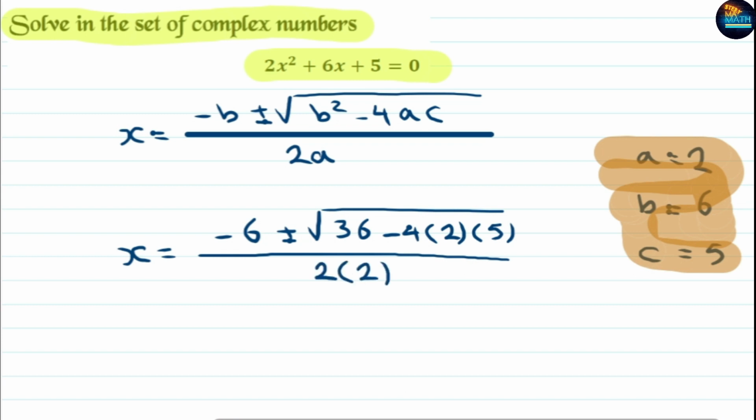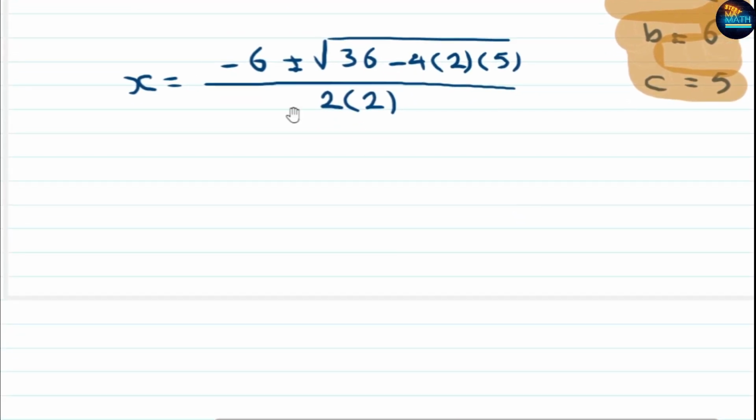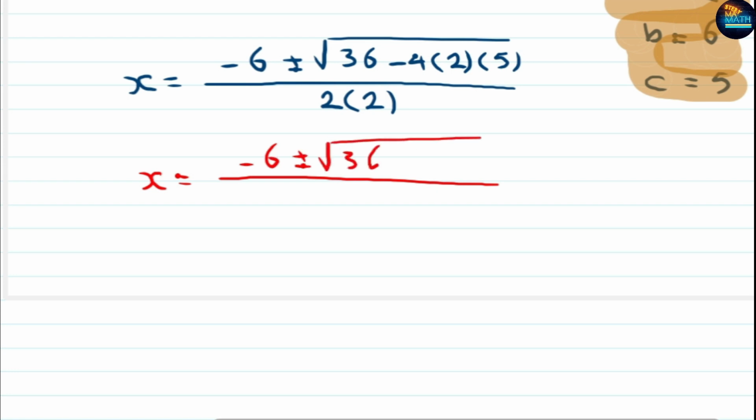So x is equal to negative 6 plus or minus the square root of 36 minus 4 times 2 times 5, that is 8 times 5, which is 40, divided by 2 times 2, which is 4.